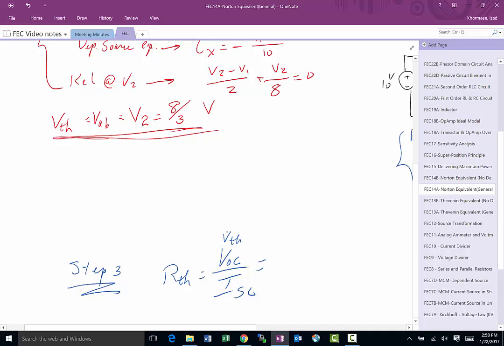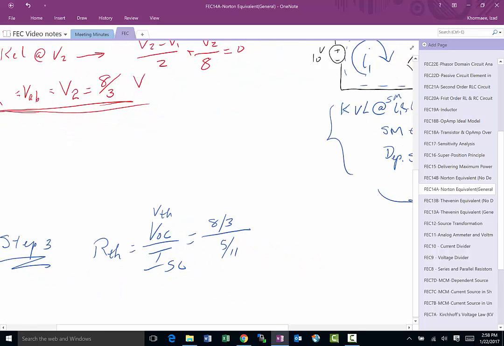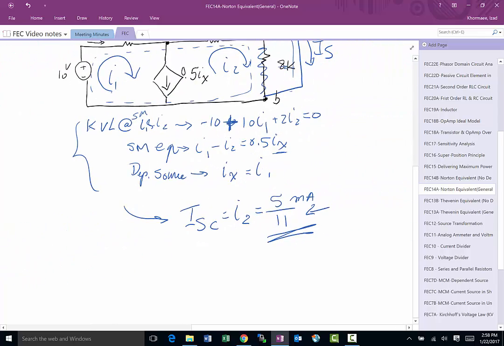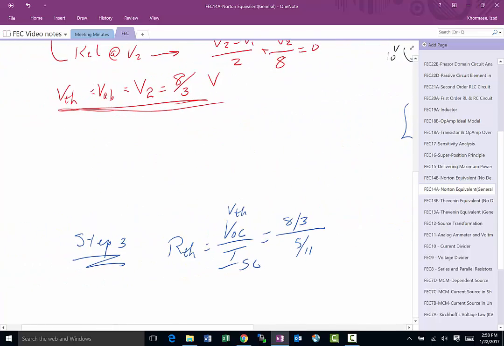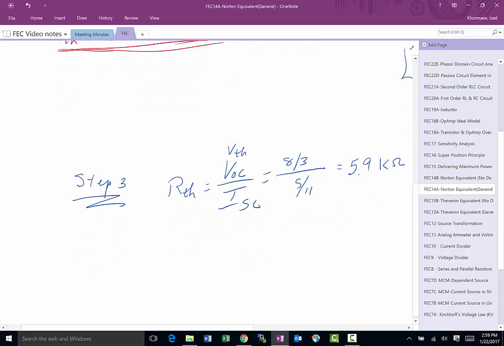So there are many names for this one, but V Thevenin over I short circuit is 8/3 divided by 5/11. We know that the current was in milliamps when we found it, and the volt is volt. That means the result is going to be in kilo ohm. And if my calculation is correct, this should be 5.9 kilo.